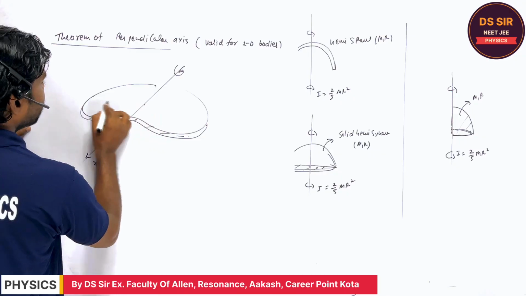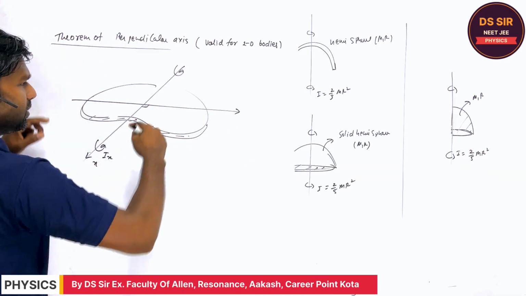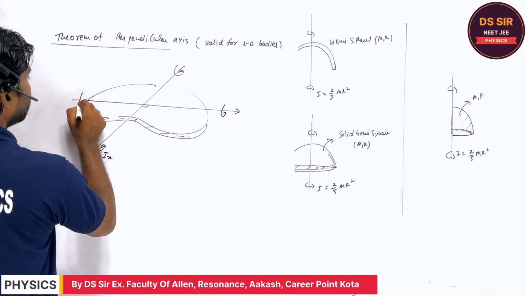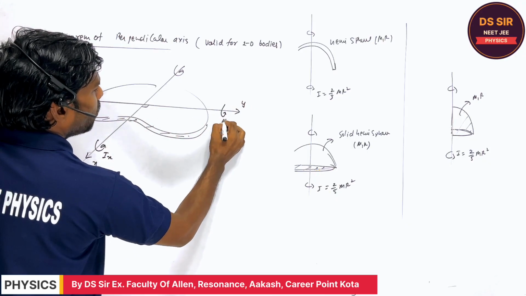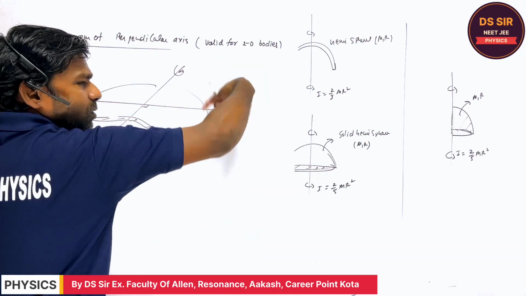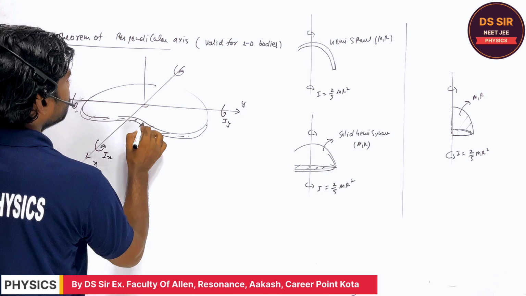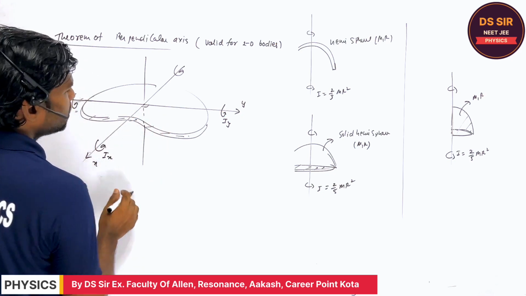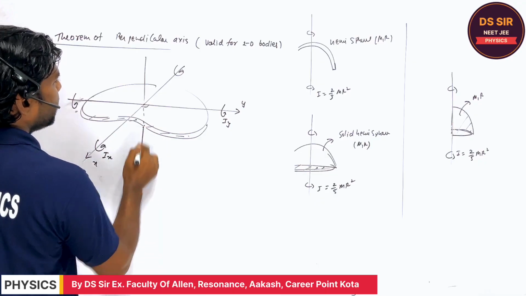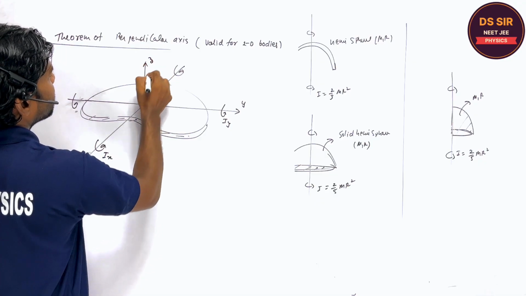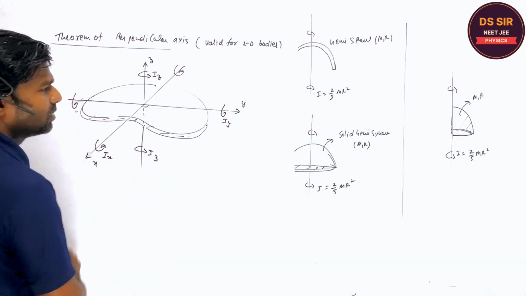If we choose another axis which is perpendicular and in the plane, suppose this is the y-axis, the moment of inertia is Iy. Then we choose another axis which is perpendicular to the plane of the planar body, suppose the z-axis, and the moment of inertia is Iz. Are you getting it?